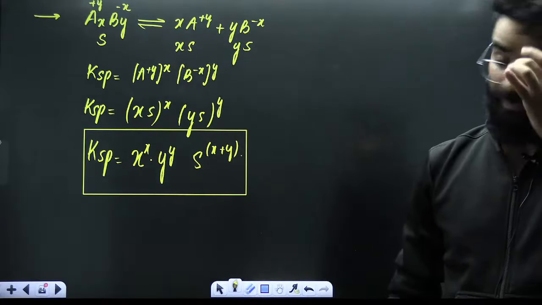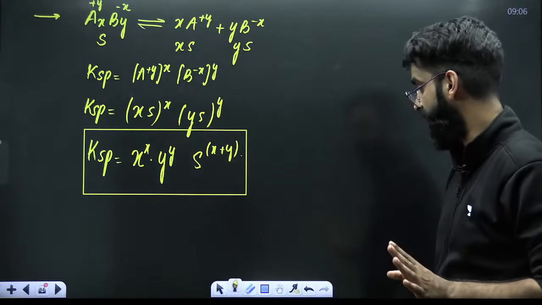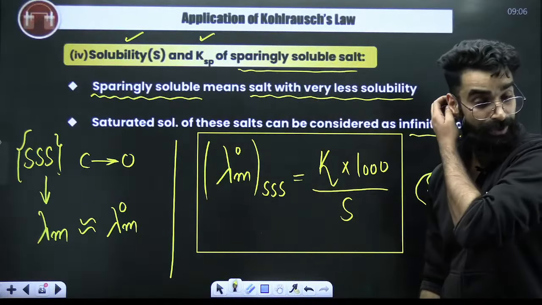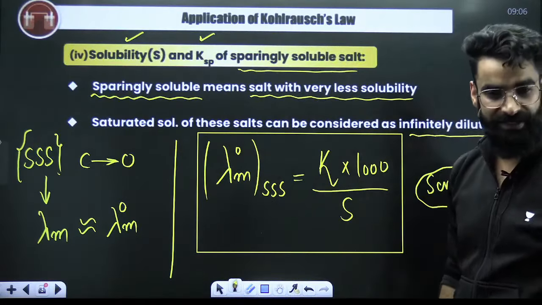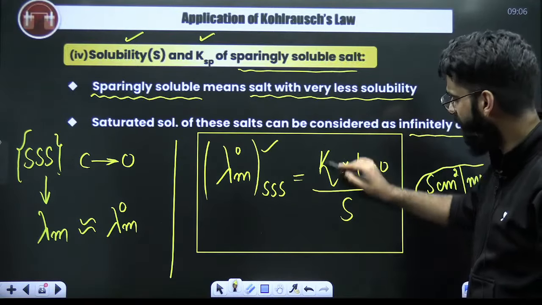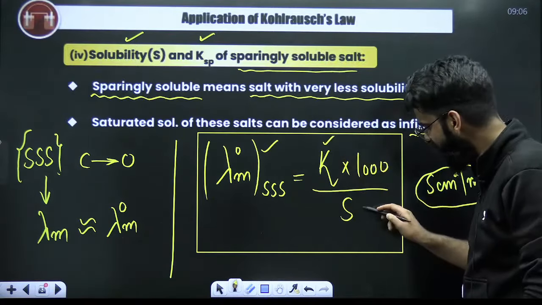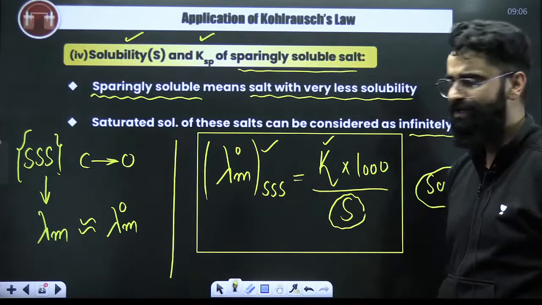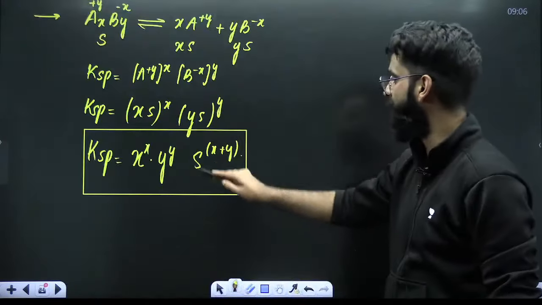Perfect. Now, my dear students, try to understand one simple thing. If you are given a sparingly soluble salt, with its molar conductivity at infinite dilution and its conductivity as well, you can easily calculate solubility, right? Once you get the solubility, you can easily write the expression for KSP.